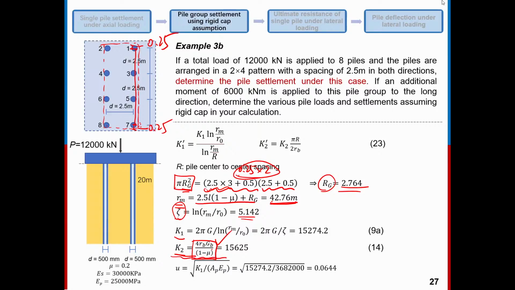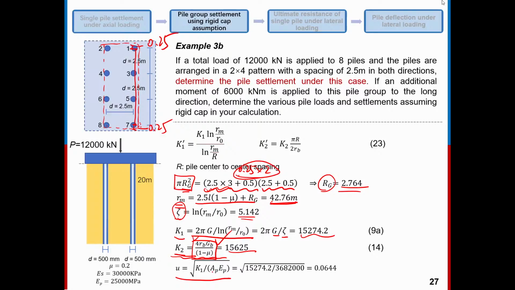Normally this one will be directly given to you, because this is based on the mechanics of plasticity. So we have this equation here for K2, and K1 is equal to this equation. We have G, we have zeta, right? And we have K1, K2 value. And U is equal to this equation, okay?